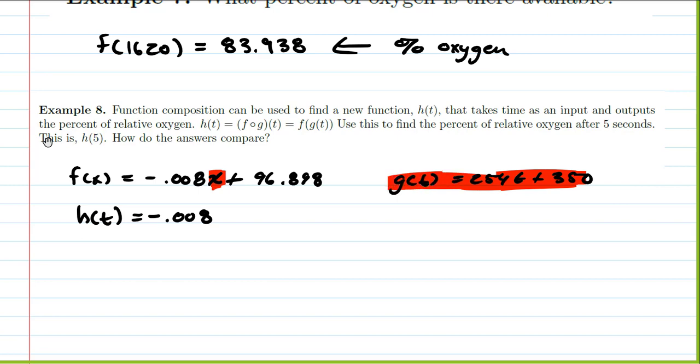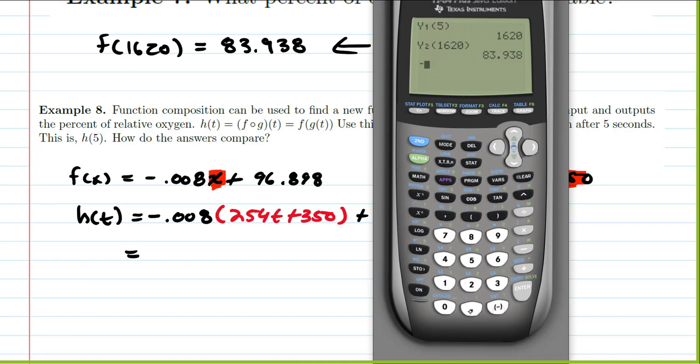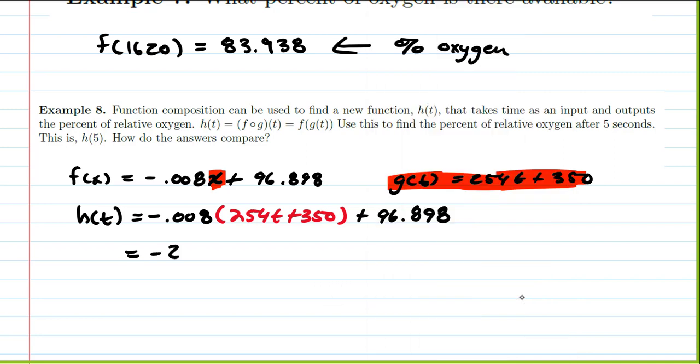So we get 254t plus 350, and then plus 96.898.